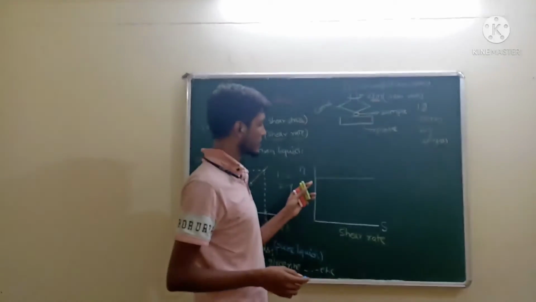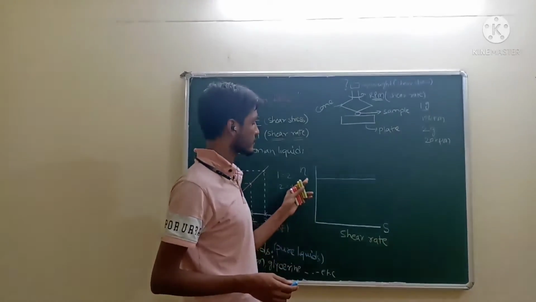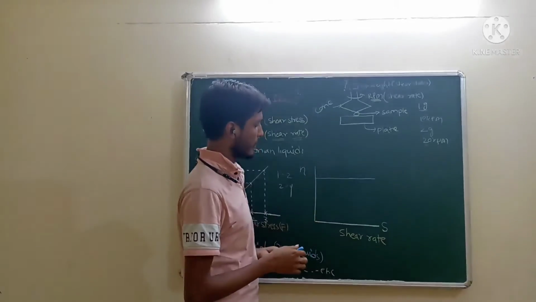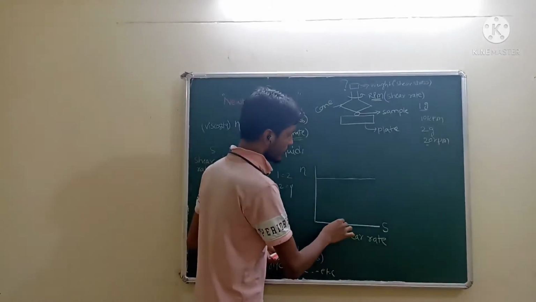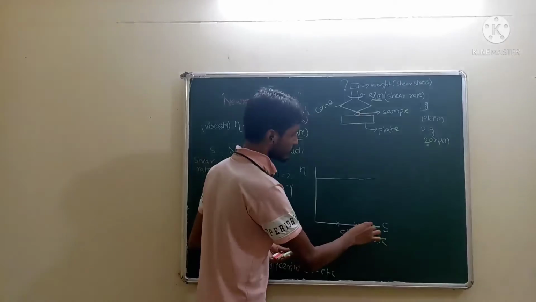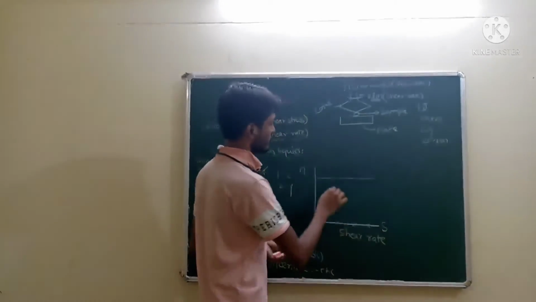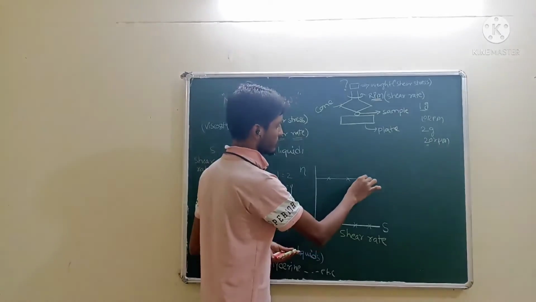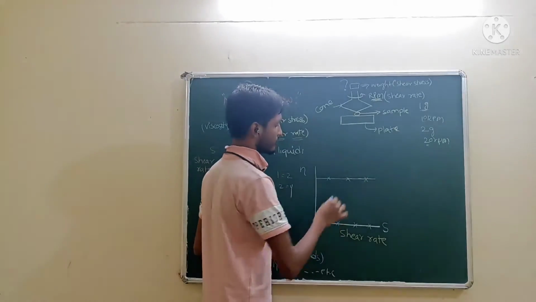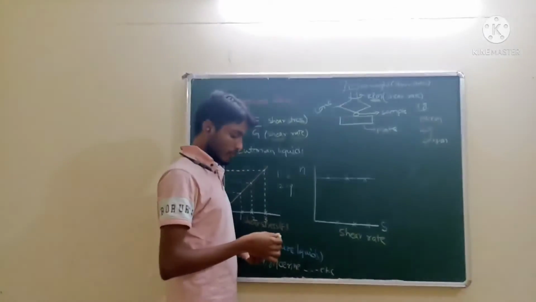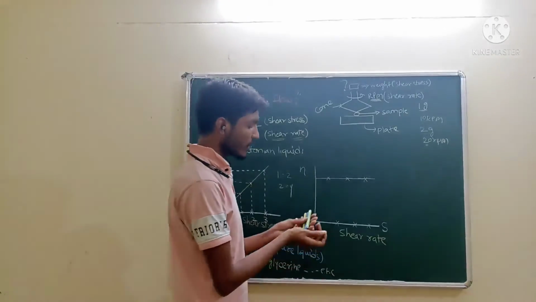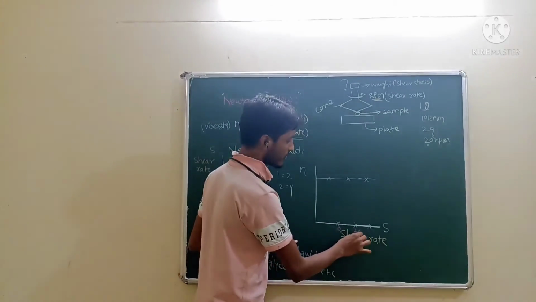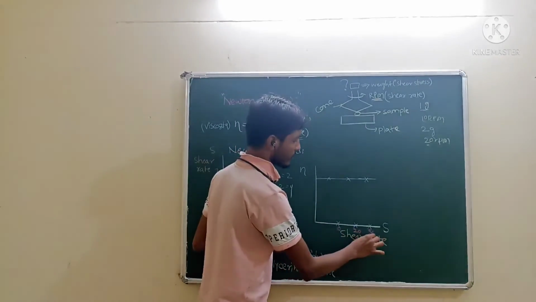Now the graph between viscosity and shear rate. See here what is happening, when the number of RPM, for example, is 10, 20, 30.